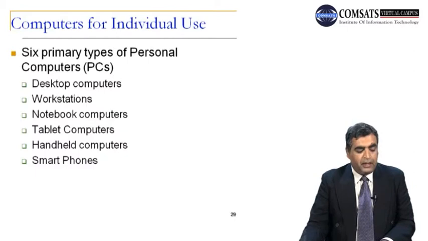Personal computers are also called microcomputers because they are among the smallest computers created for people to use. The 6 primary types are desktop computers, workstations, notebook computers, tablet computers, handheld computers, and smartphones.